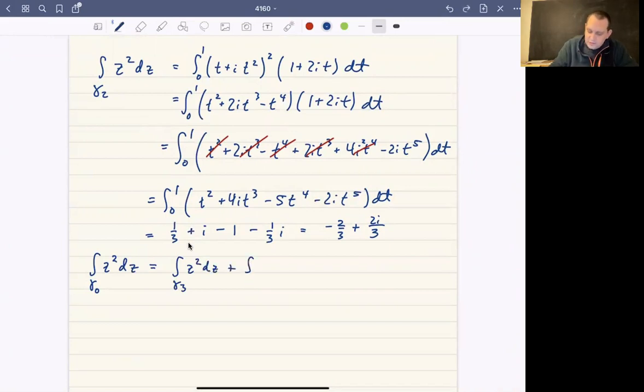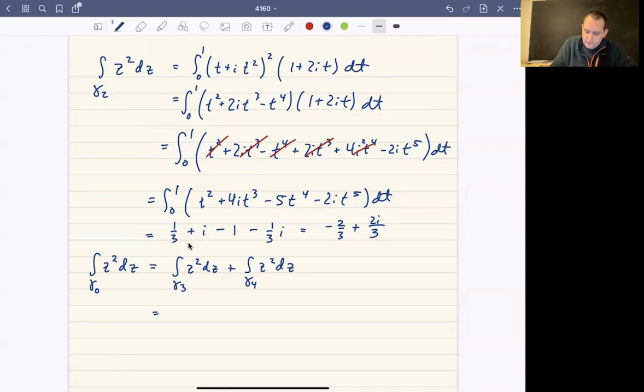What allows that to be true is that gamma naught is a piecewise continuous, piecewise smooth path, and gamma 4 starts where gamma 3 ends. So you don't have to jump, you don't have anything interesting happening there. So it's just going to be the sum of those two integrals.